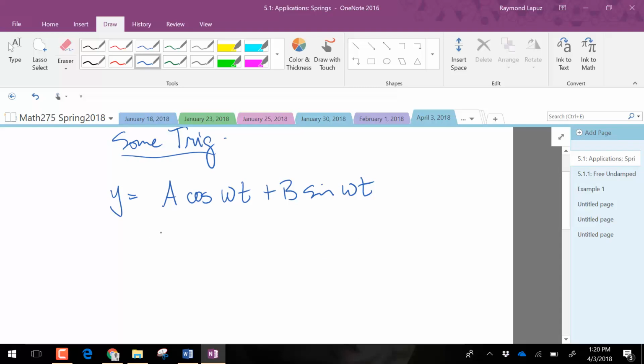You can combine this into one sine or one cosine function. And in either case, when you add these things, it'll just be another sinusoidal function, so you can write this as a sine or a cosine. I don't know the formulas off the top of my head. I suppose we can look it up.